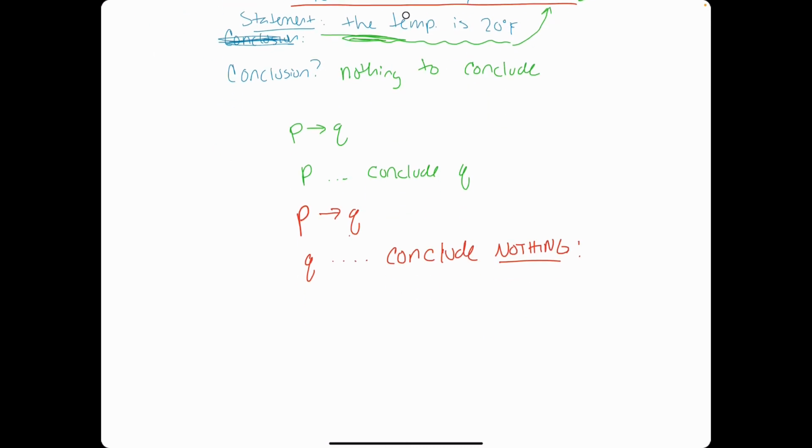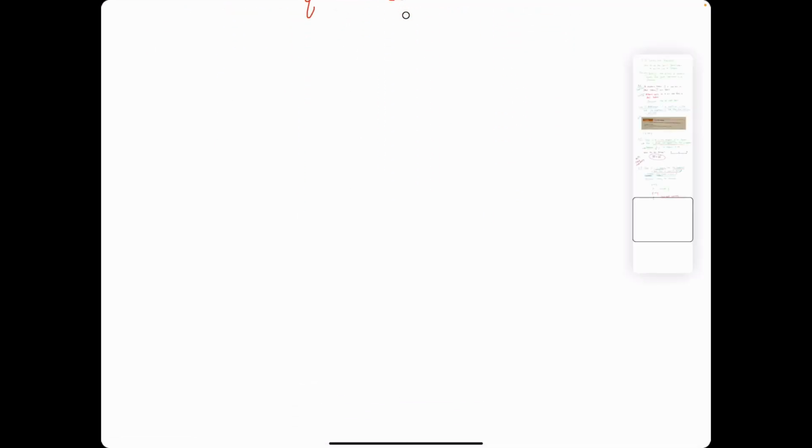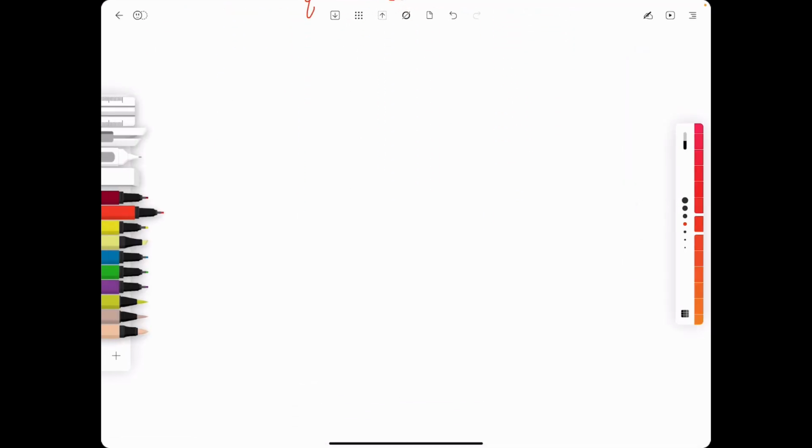So let's move on to another idea here, the law of syllogism. I'll go with purple. Why not? Law of syllogism.